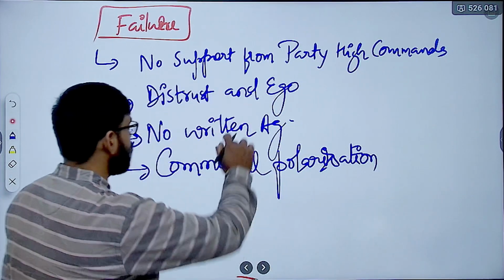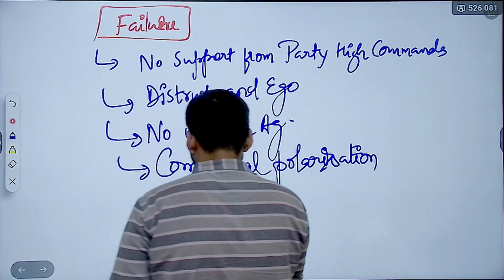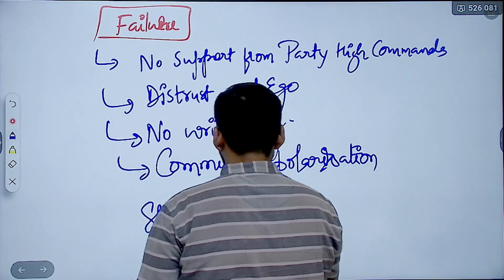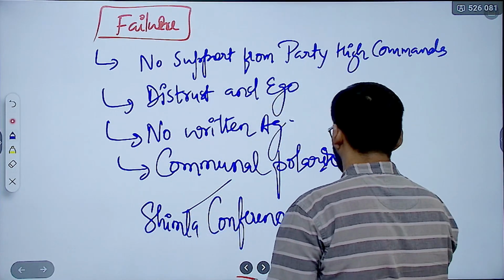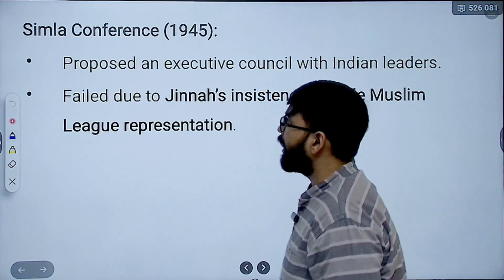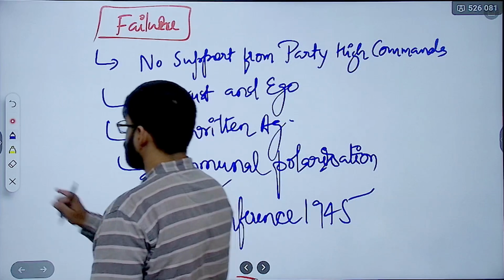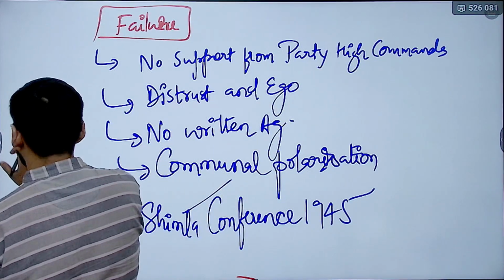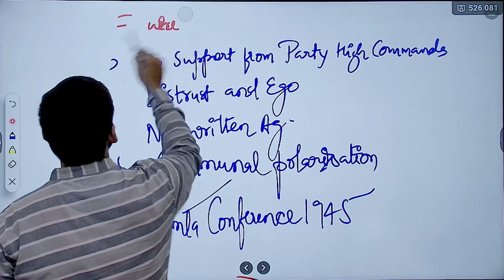So this actually set the stage for the Shimla Conference of 1945 and the Cabinet Mission Plan. Okay, because of this, let's try to understand.